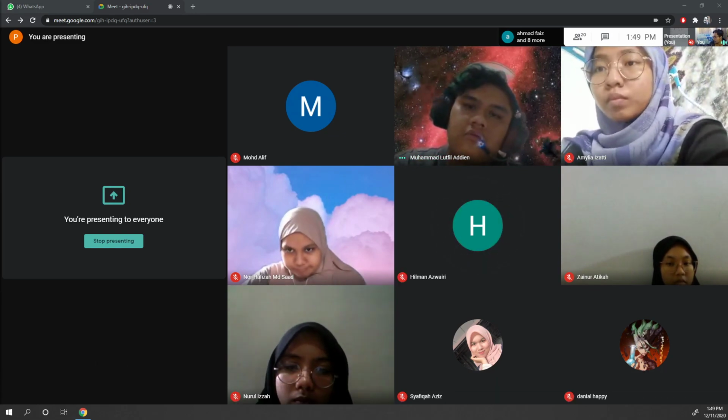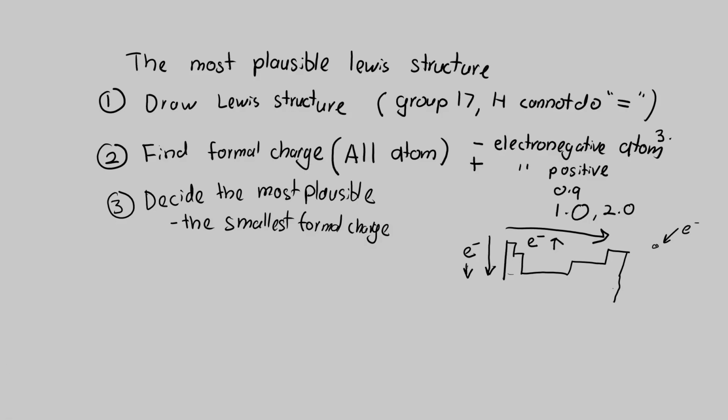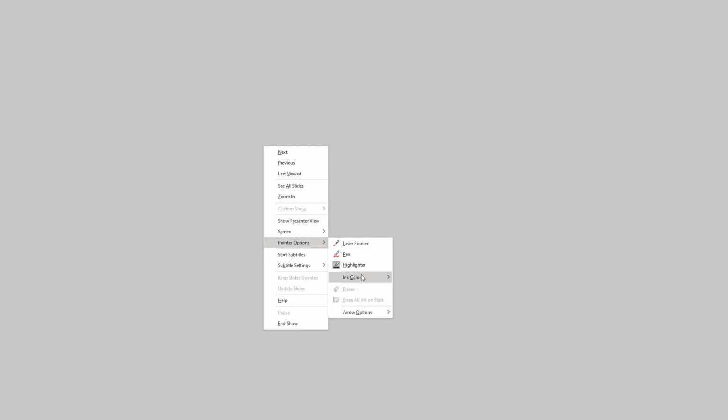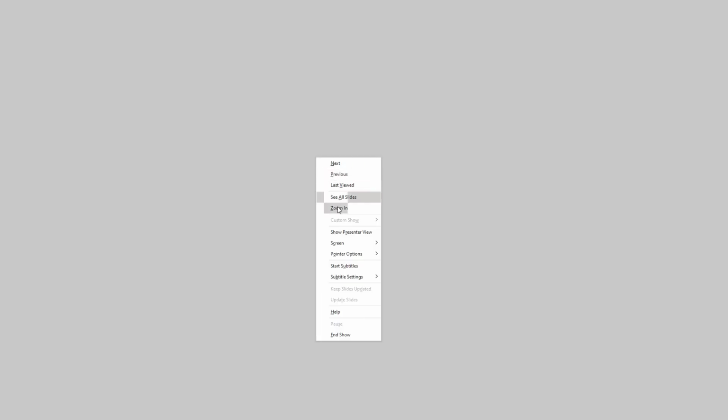So I'm gonna show you this. So untuk lukis you punya molecular geometry.